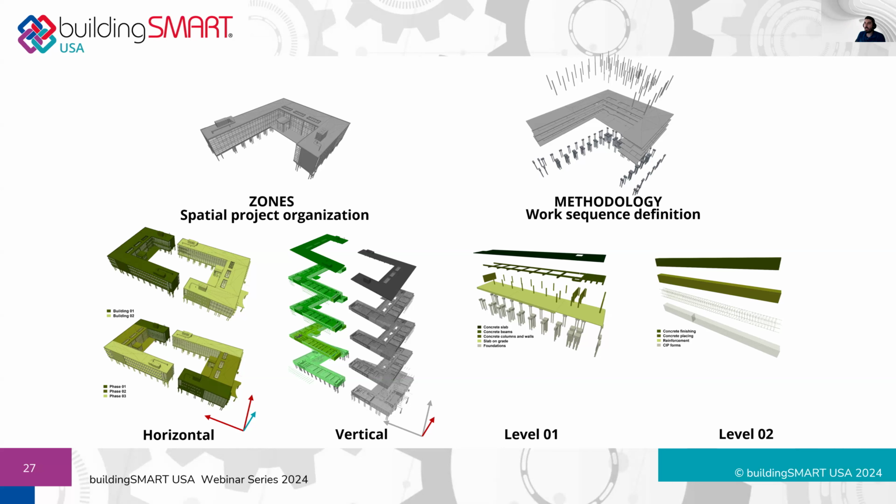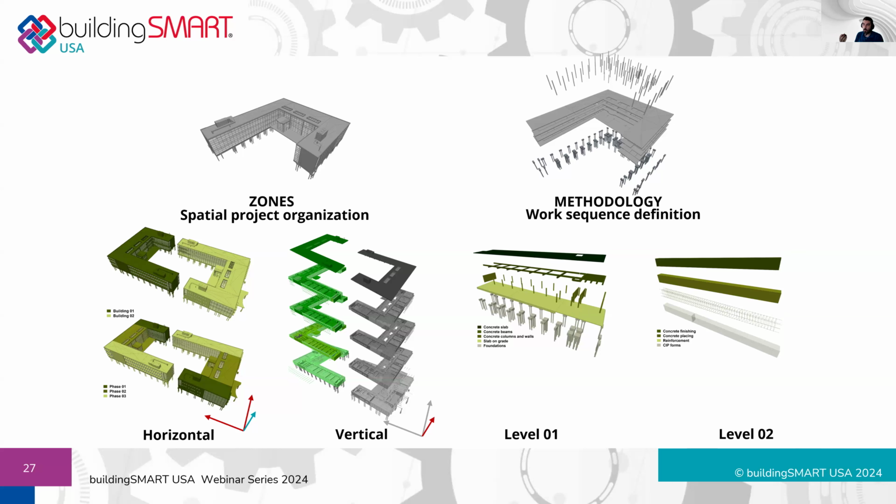Because why would we invent something new in planning to describe groups of works if we already did it in estimation? If in estimation we specify that this is a standard foundation, this is the site cleaning process, this is a concrete floor, or this is a concrete column, we should simply refer to those concepts that are already in the cost estimate and simply specify relationships between them to create the schedule.